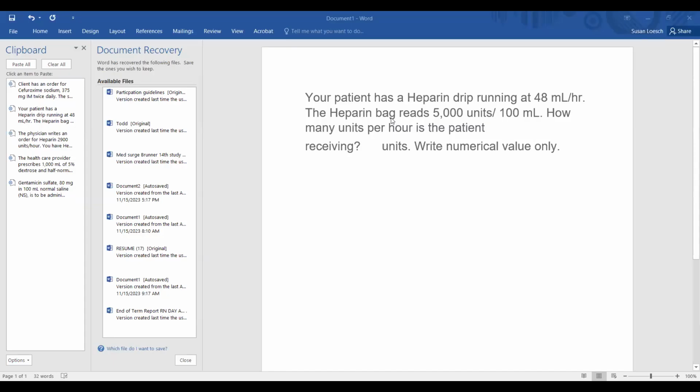Okay, can you see it? Yes. I just got to do more of those. Got it.